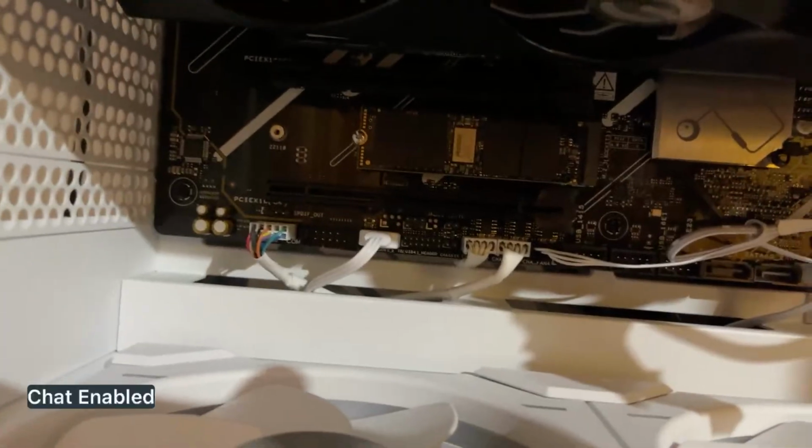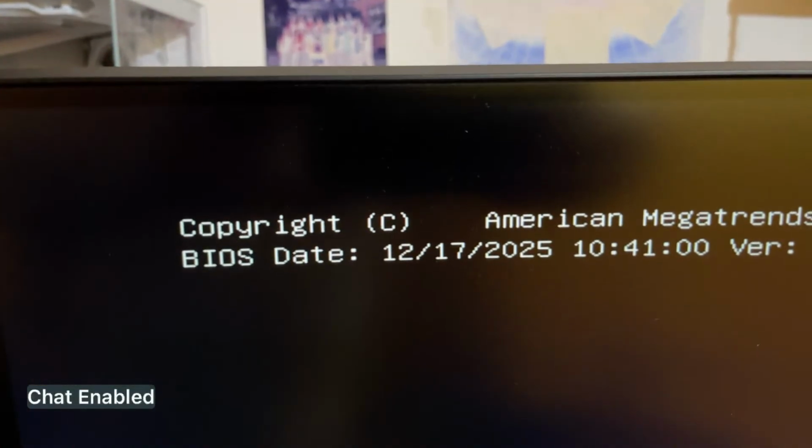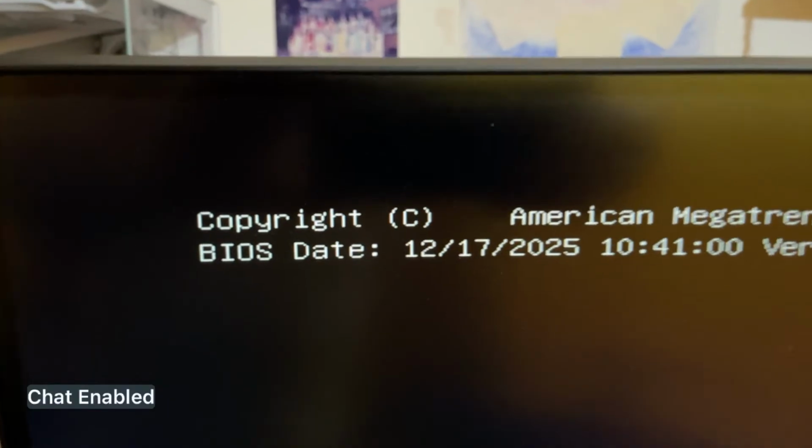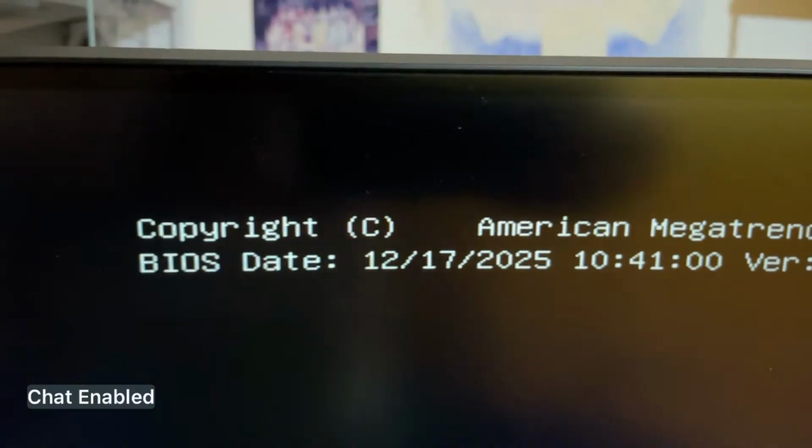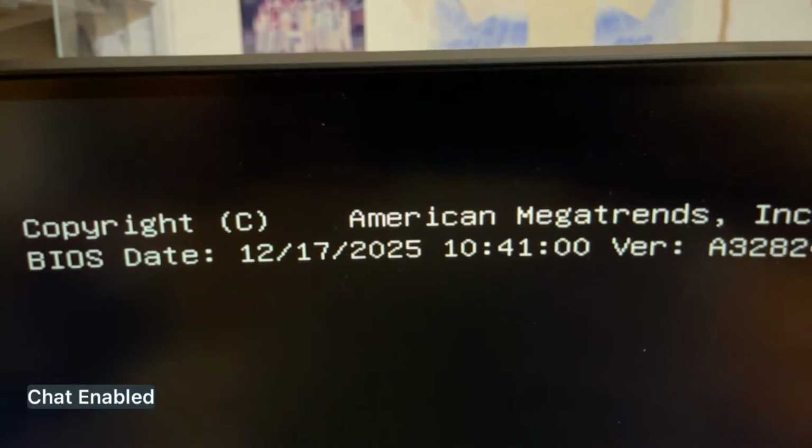Wait now. If I could put this SSD to the new motherboard, I could install. Oh my! 17th of December 2025. That's the very recent BIOS I gave there by the flashback procedure.